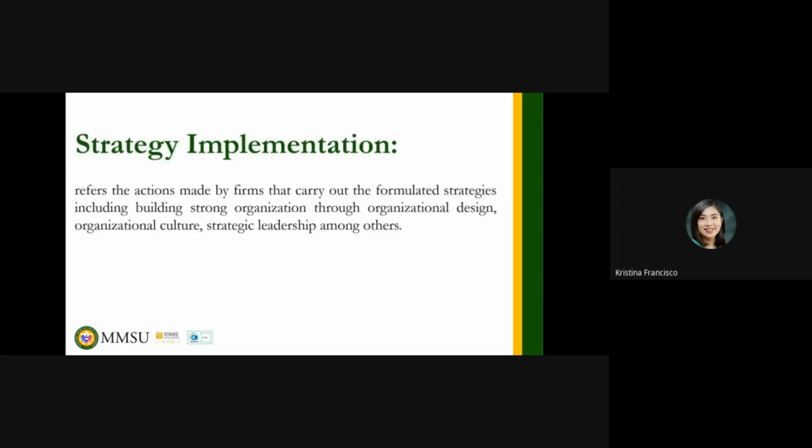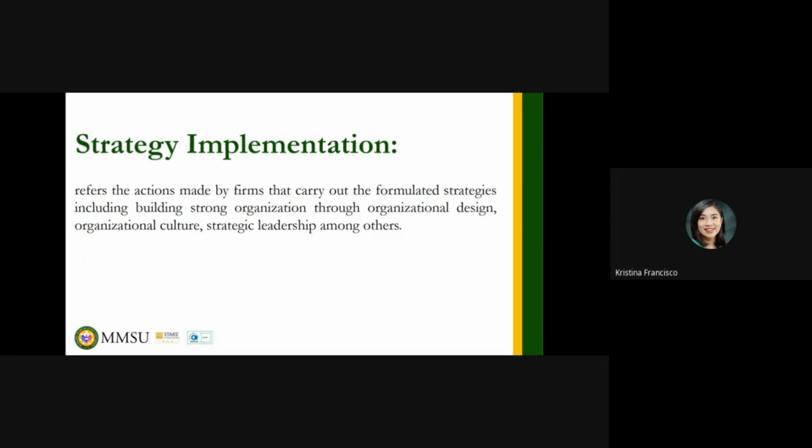So in here, your strategic implementation refers to the actions made by firms that carry out the formulated strategies, including building a strong organization through organizational design, your organizational culture, and even your strategic leadership, among others.